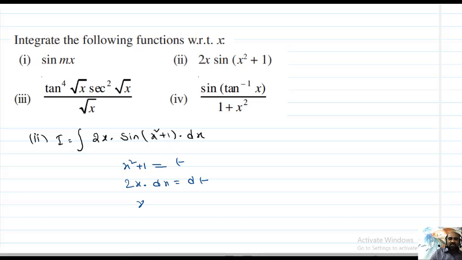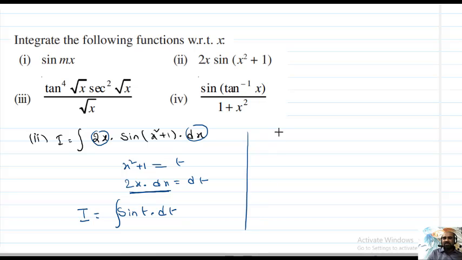So now I becomes the integral of sin t, and instead of 2x dx I can directly write dt. So I is equal to minus cos t plus some constant.